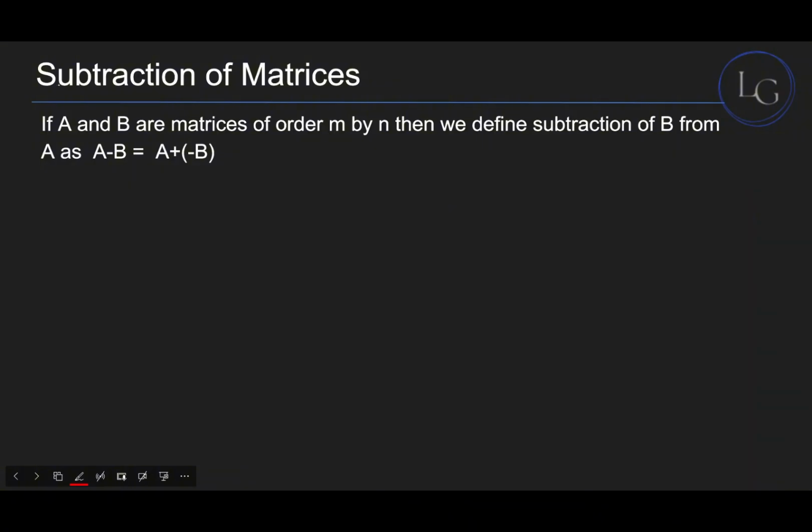Now, see the subtraction of matrices. It is similar to how we have done the addition of matrices. It also has the same requirement. A and B both must be of the same order, m by n. So, the order of A is equal to the order of B. And in this case, we'll just subtract the corresponding entries instead of adding them.